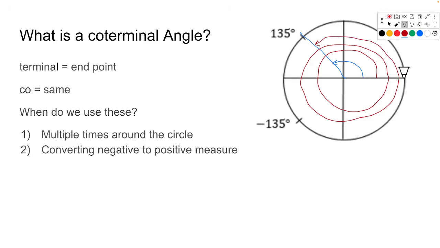So what did I do? Well, one time around the circle, that's 360 degrees. Then I went around the circle again, so I added 360 degrees. And then I went from 0 to 135.